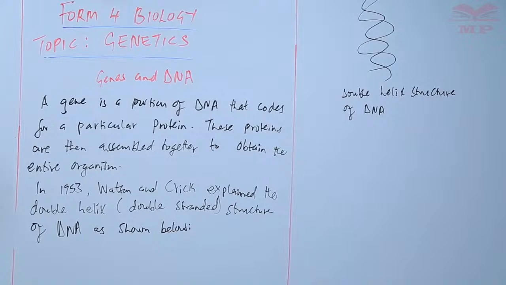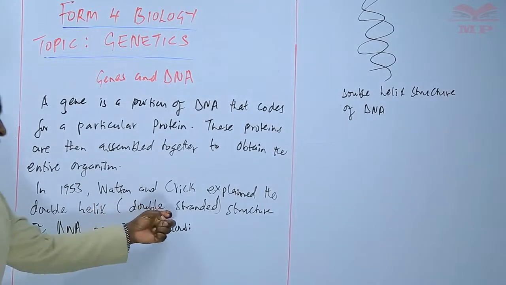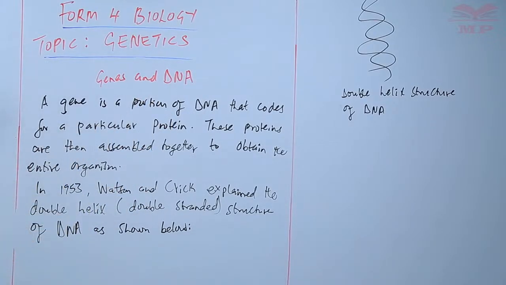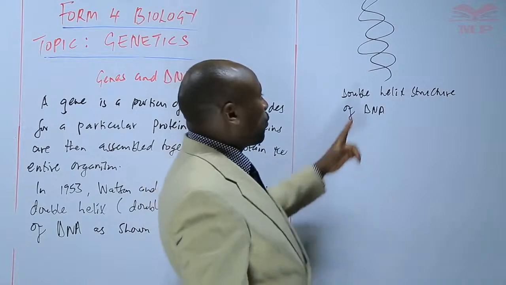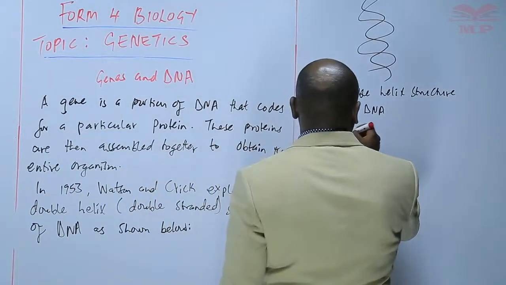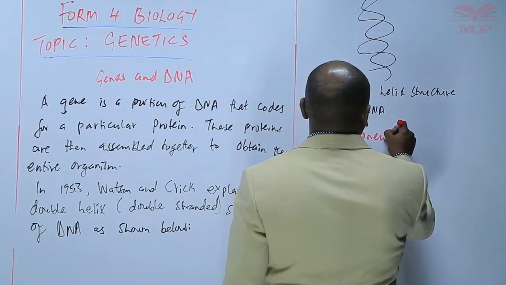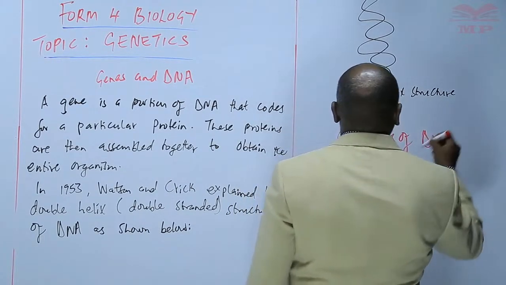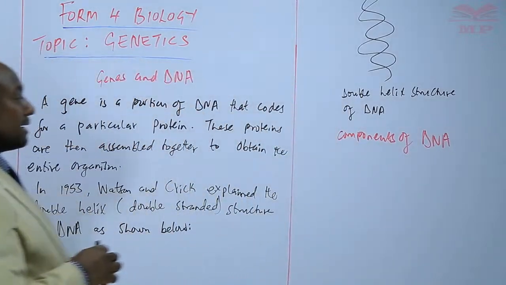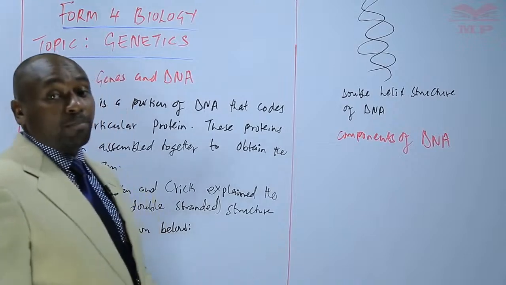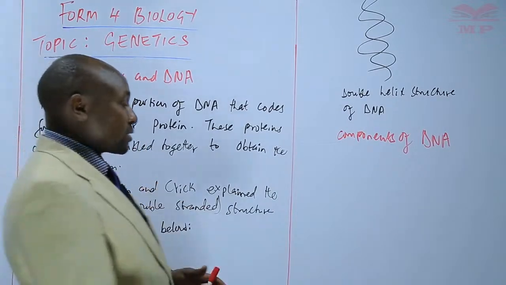So Watson and Crick didn't just explain the double helix or the double-stranded structure of the DNA as shown there, but went on further to explain what are the components of the DNA. These two biologists explained that the DNA is made up of three components.